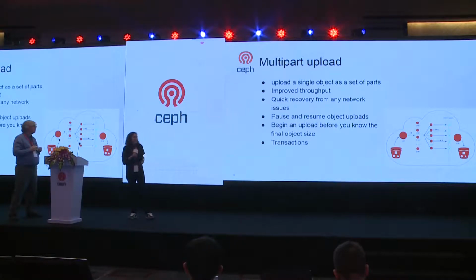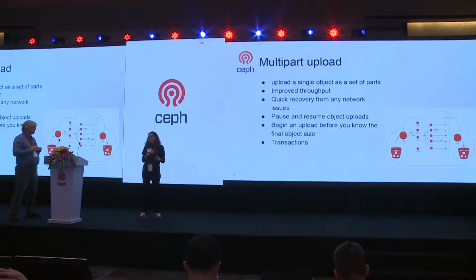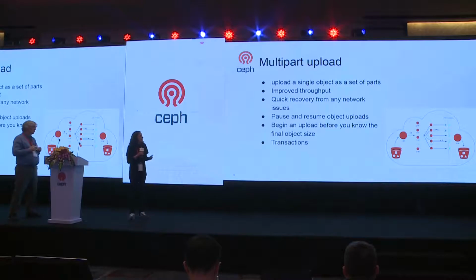In a file system we would create a temporary file and then rename it, but that is very expensive in object storage because there's no rename. We access the object by its name, so it actually copies the data and deletes the old object. I can use multipart upload to do a transaction-like operation: I upload to a temporary object using multipart upload, and when I want to finalize the transaction, I complete it.